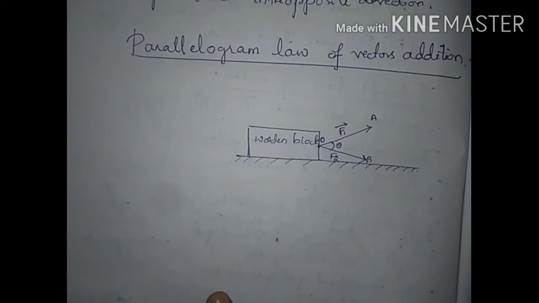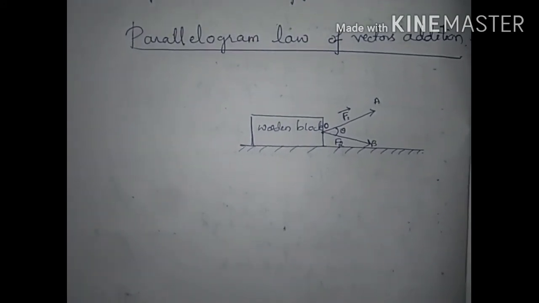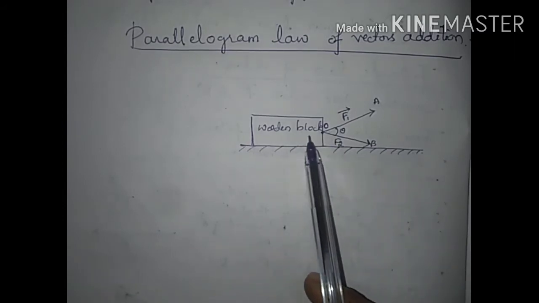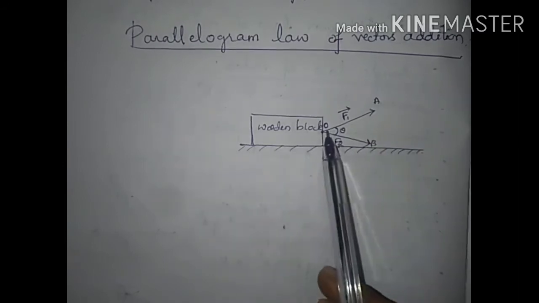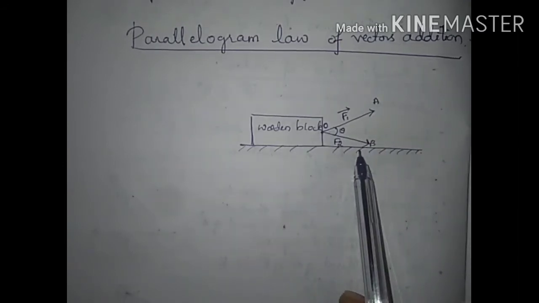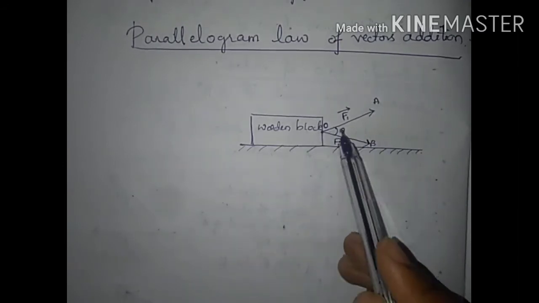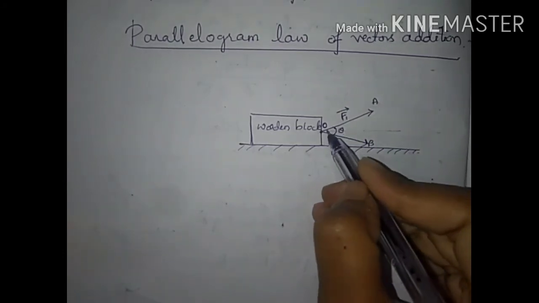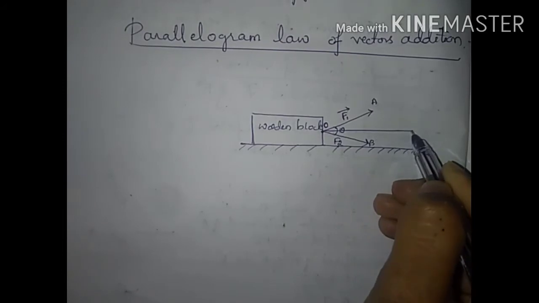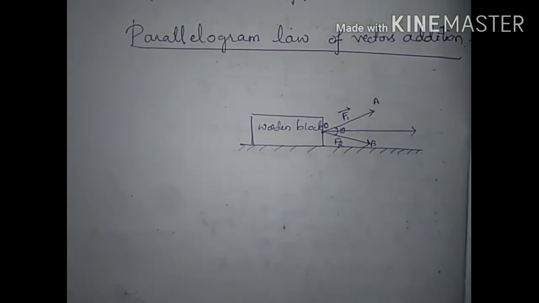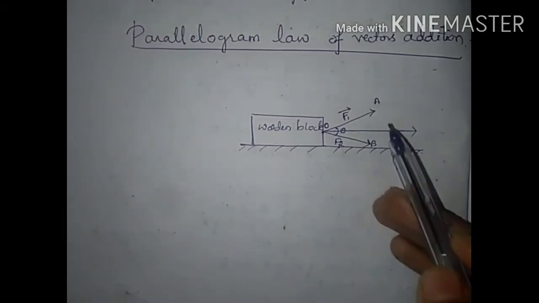Now, in which direction do you think this block moves? If you observe carefully, the block will neither move in this direction nor in this direction, but in this direction.